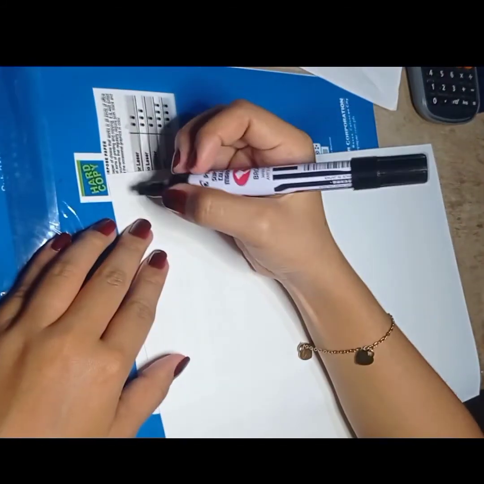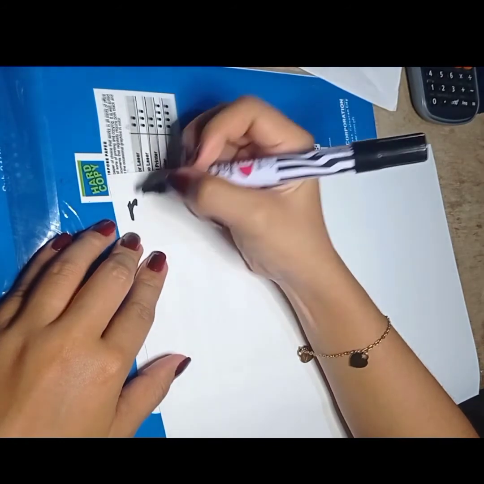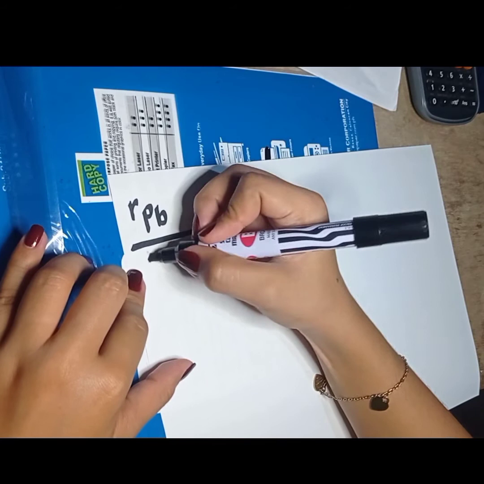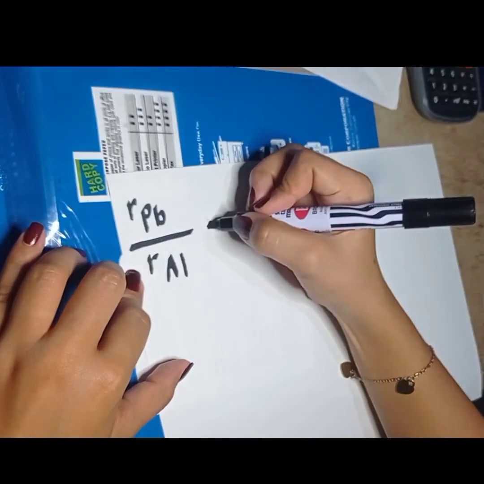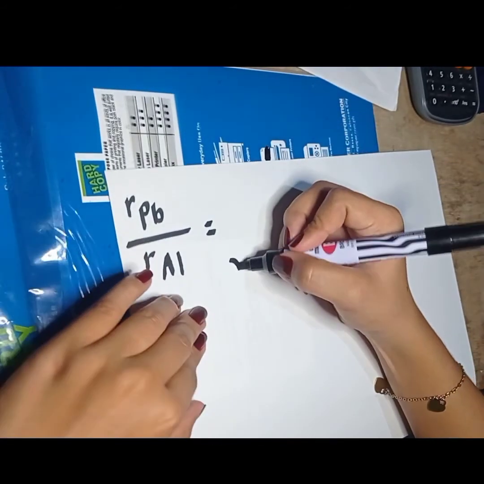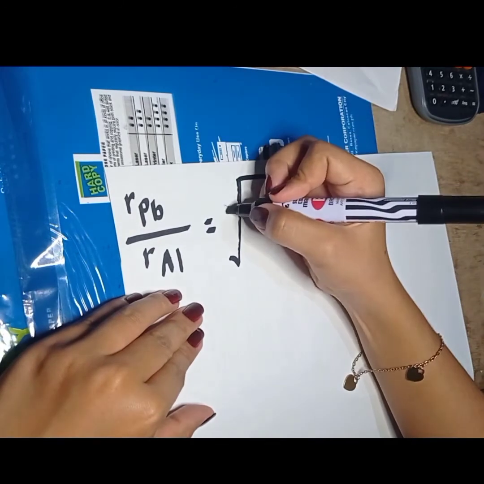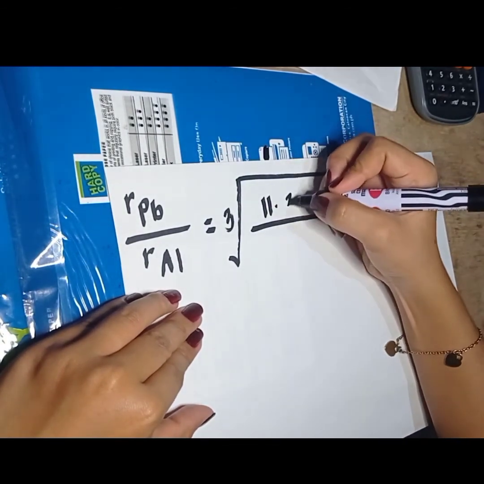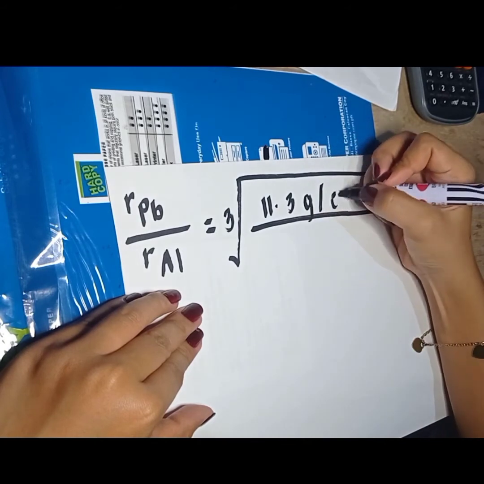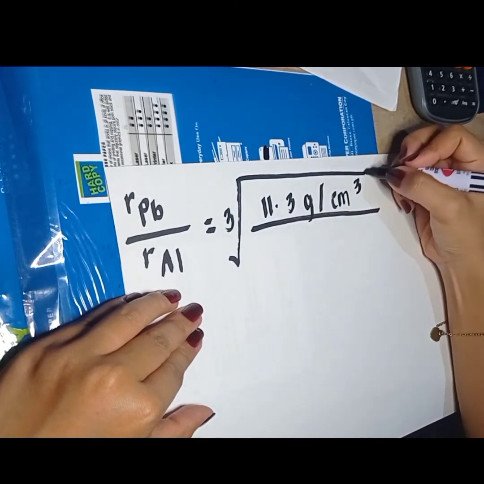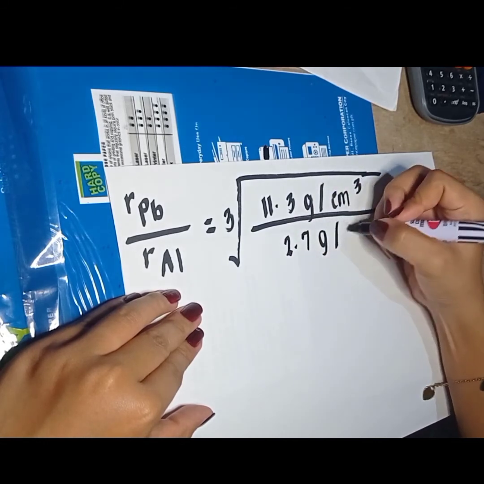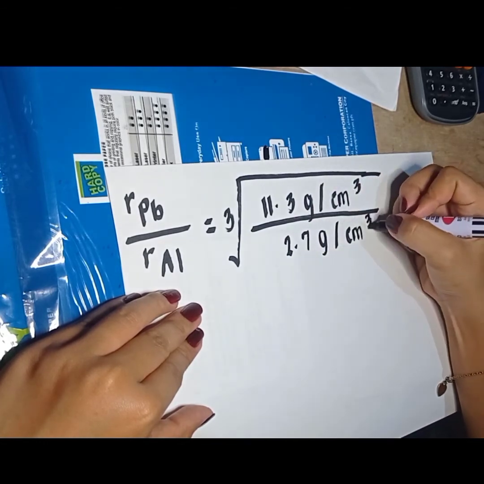So for the next step, the radius of the lead over the radius of the aluminum is equal to the cube root of the densities of both spheres, which is 11.3 grams per cubic centimeter over 2.7 grams per cubic centimeter.